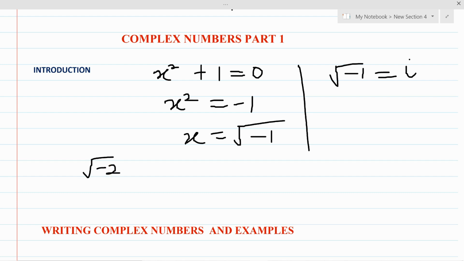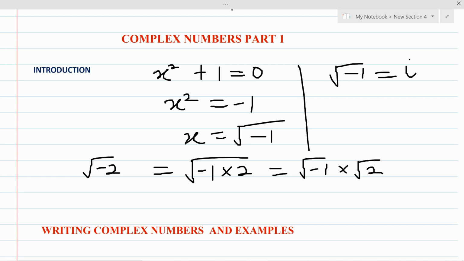From simple simplifications, this can be rewritten as square root of -1 times 2. And this is equal to square root of -1 times square root of 2. But we say square root of -1 is i. So this becomes square root of 2 times i. I hope this is okay.